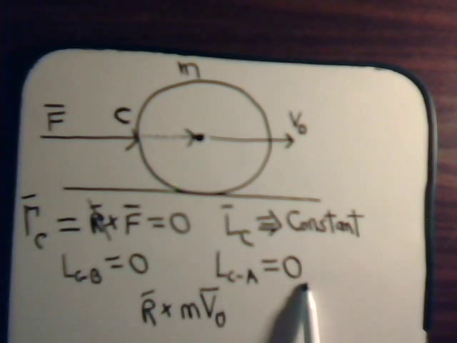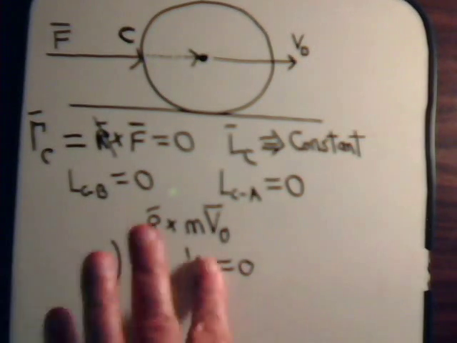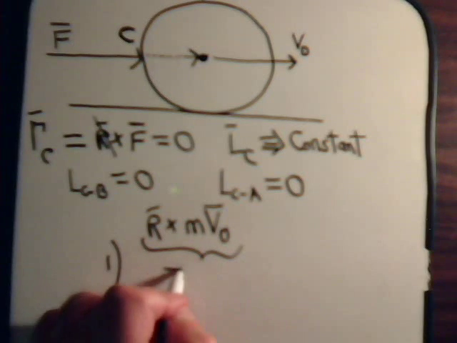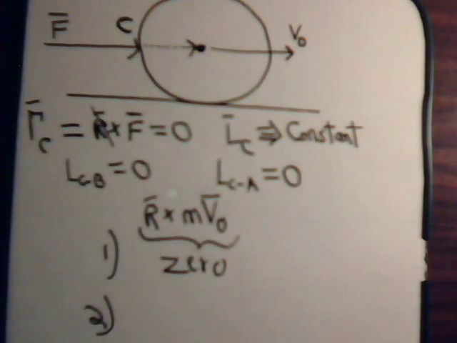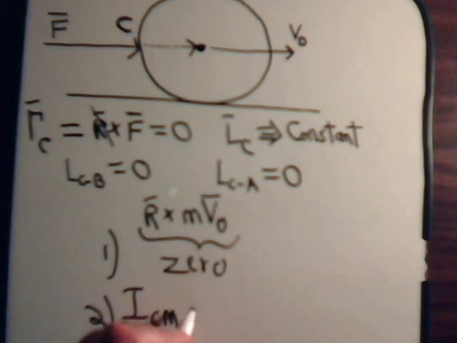Well, if this equals 0, it has two components. The first component is 0. Let's just keep it like this. This is 0. The second component better be 0. And the second component is the moment of inertia times the angular velocity.